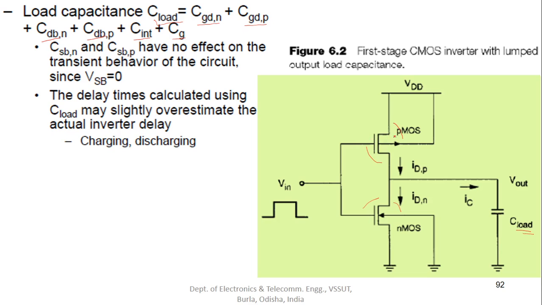CGD is between gate and drain, and CDB is between drain and body. This is taken here, and this one also, the interconnect capacitance.